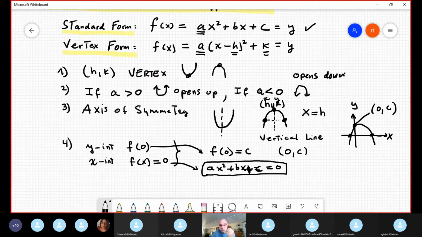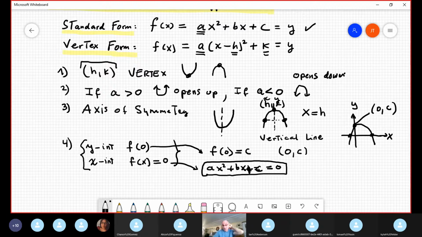Standard form is good when you want to find the y- and x-intercepts. And vertex form is very good when you want to find the vertex. That's an important point.